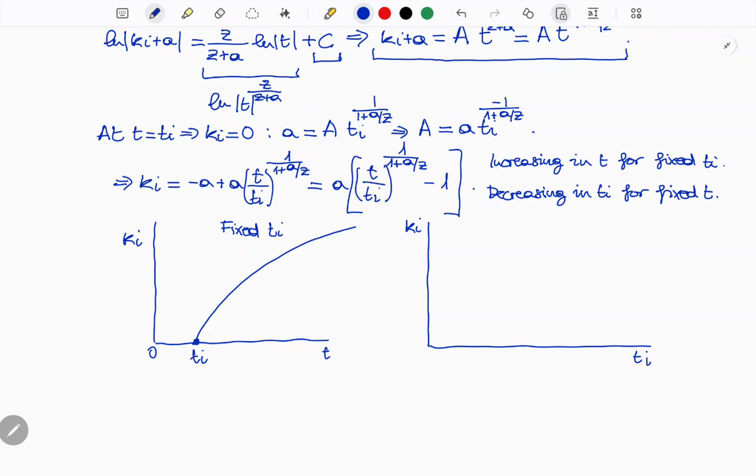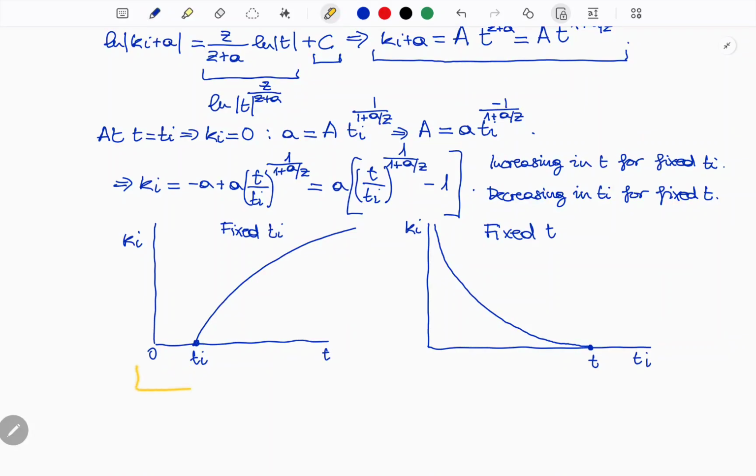So for fixed t, we have something which decreases like this, more or less. I don't know if this is exactly the way it works, but it's going to be something similar. In the left case, we're focusing on just one node, one that was born at time ti, and then the degree evolves with time.